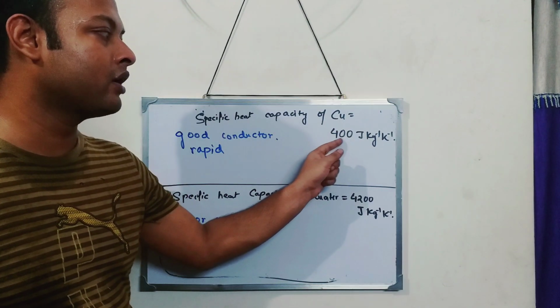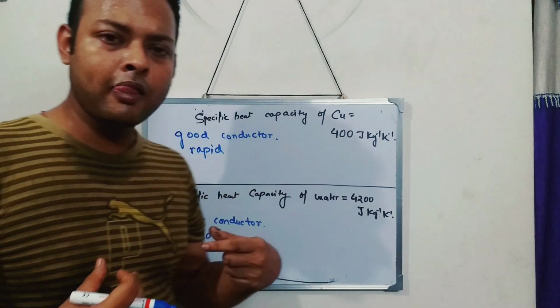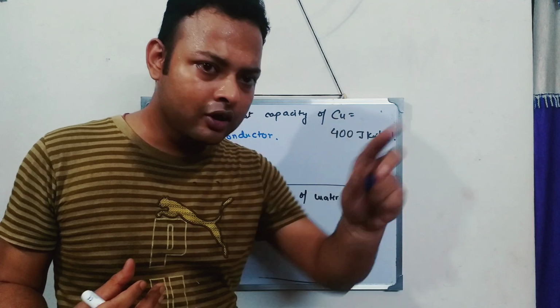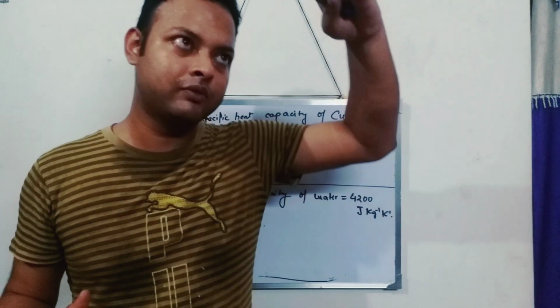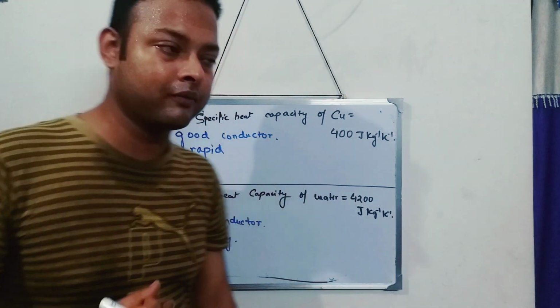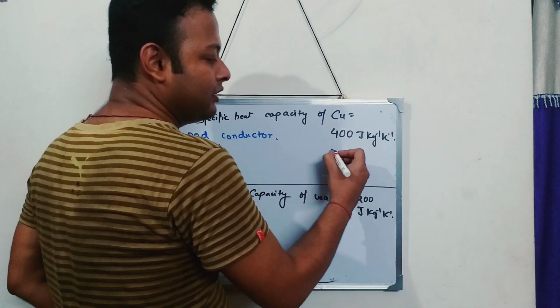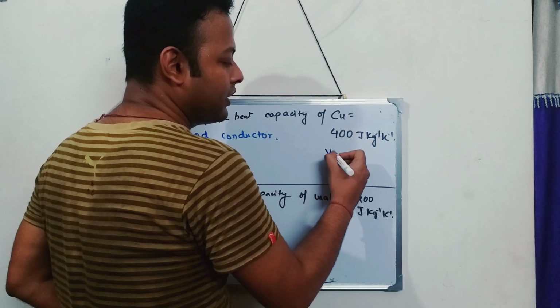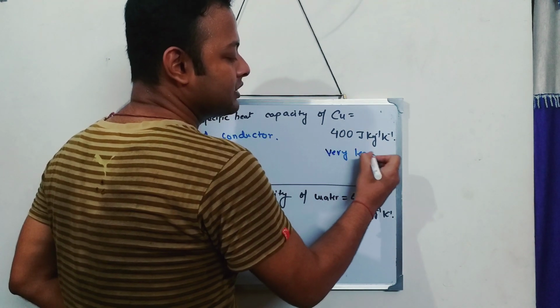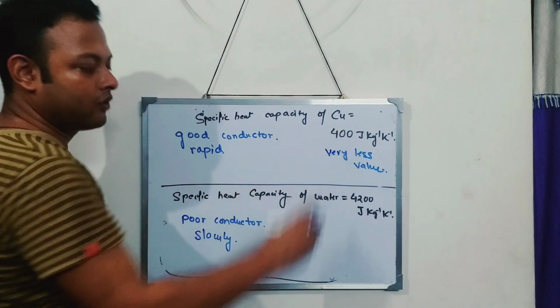That is why 400 is a very small value. Since copper is a good conductor, it will acquire little heat for a rise of temperature of 1 degree. So the specific heat capacity value is very low. You can see, 400.